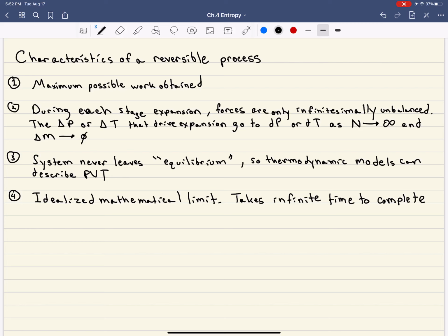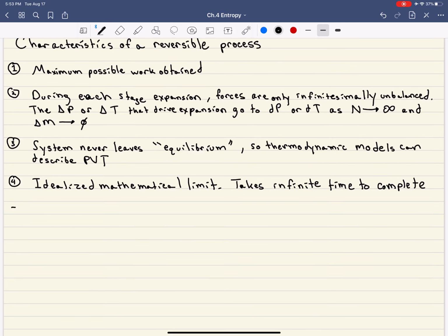And so while reversible processes allow you to extract as much work as possible from your system, they're not practical, right? You can't actually perform them. And that's because one consequence is that all the processes we deal with in real life are not reversible. In fact, they're going to be very irreversible. Right?